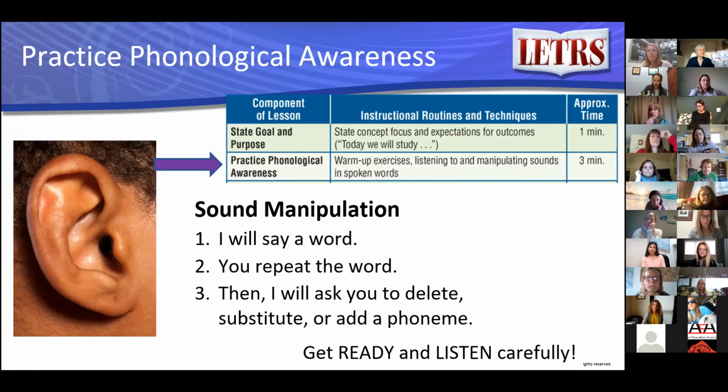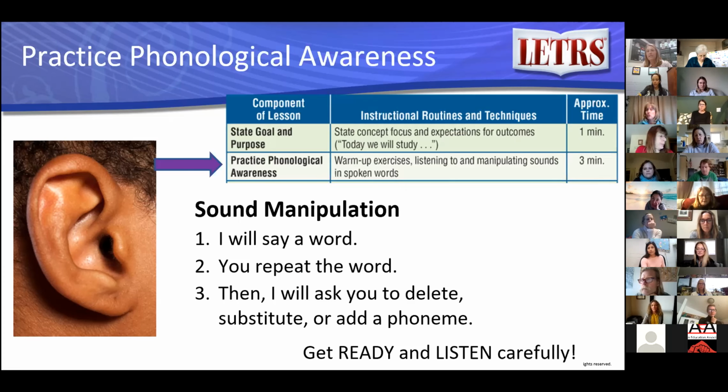Say the word chop. Chop. Now change ch to sh. Shop. Say thick. Thick. Change to ch. Chick. Say cash. Cash. Change sh to ch. Catch. Say watch. Watch. Change ch to sh.